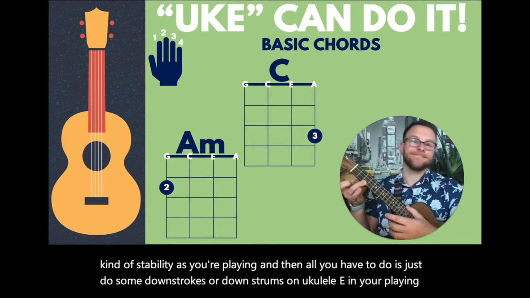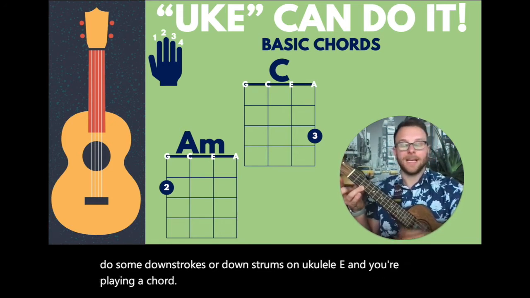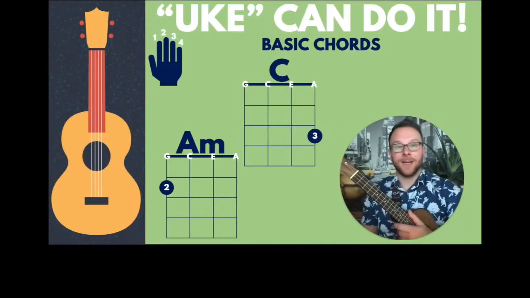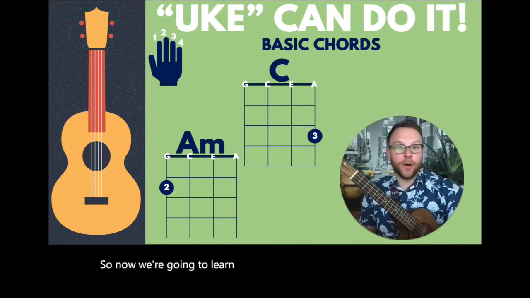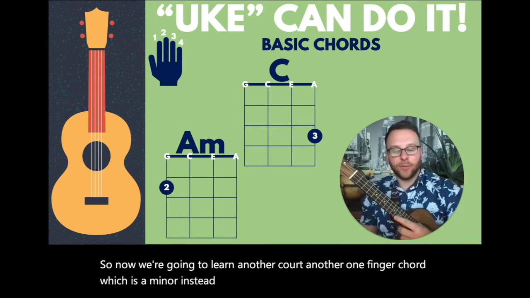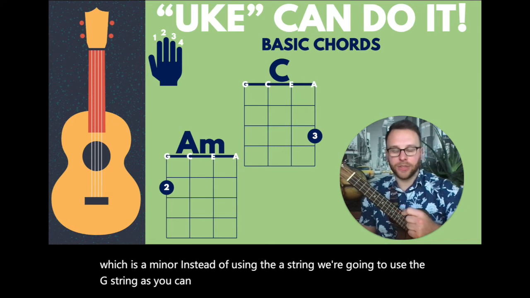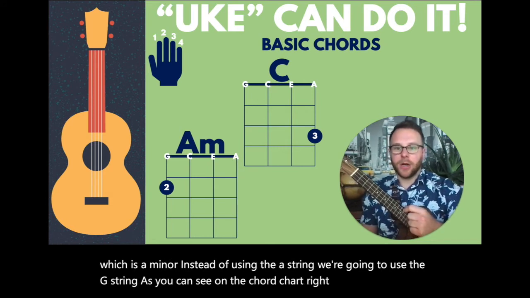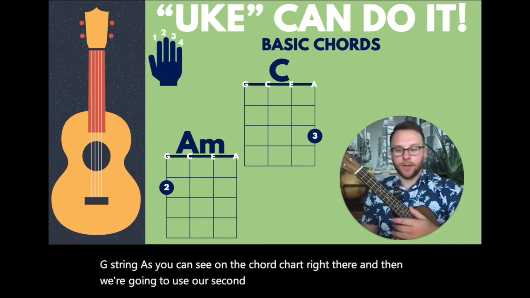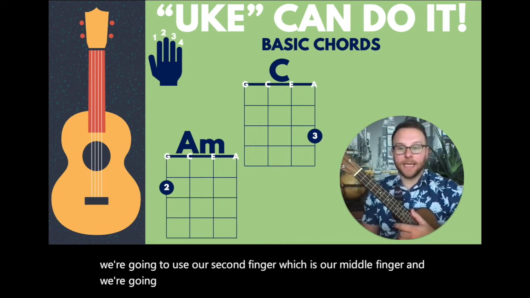Sounds great, right? So now we're going to learn another one finger chord, which is A minor. Instead of using the A string, we're going to use the G string, as you can see on the chord chart right there. And then we're going to use our second finger, which is our middle finger, and we're going to place it on the second fret.